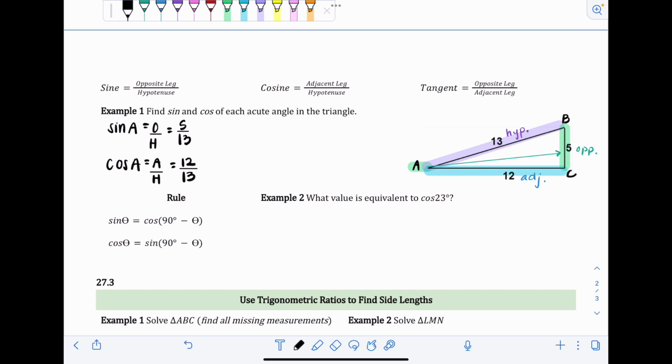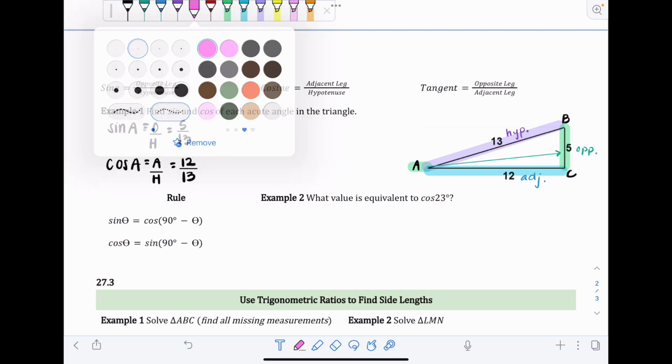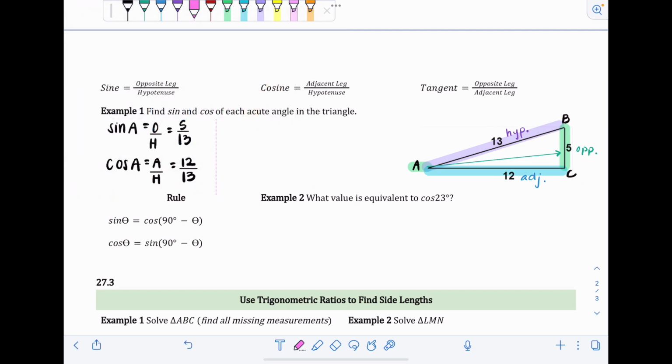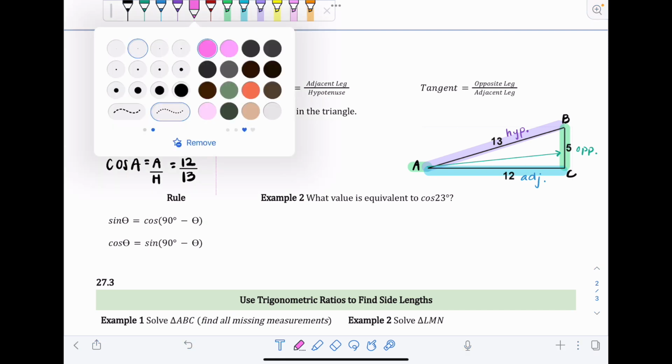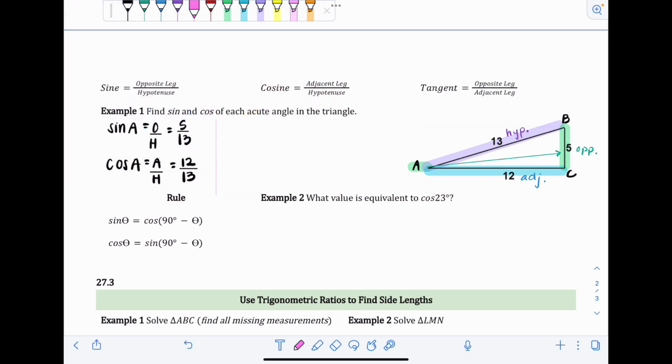And that's it. We're good for angle A. So now we'll find angle B. I'm going to go ahead and erase my labeling for adjacent and opposite because it's going to change if we're changing our angle. So we're shifting our focus to angle B.